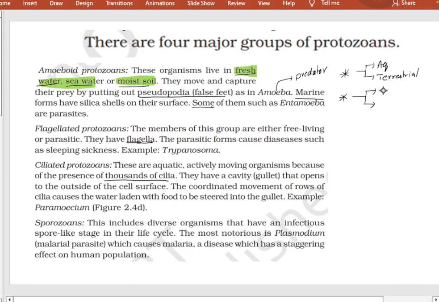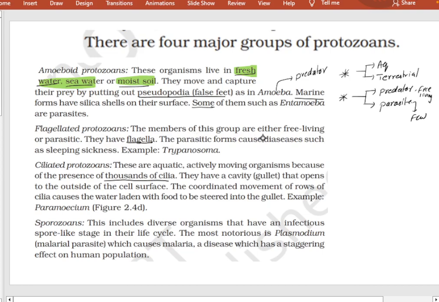They occur mostly as predators, means amoeba is a predator. They can also occur as parasites. Predator means free living. Parasites are only a few, not most.